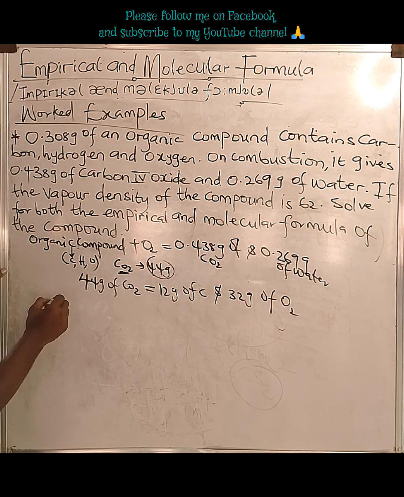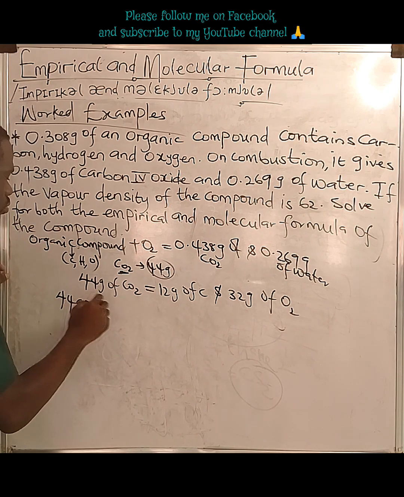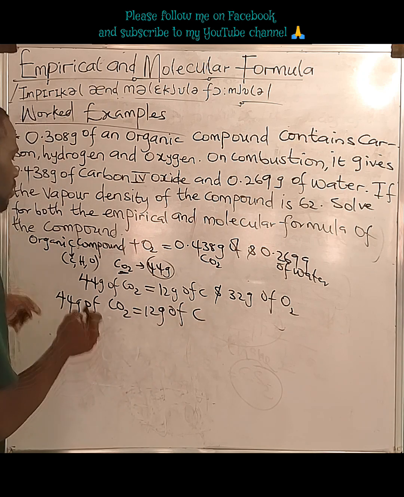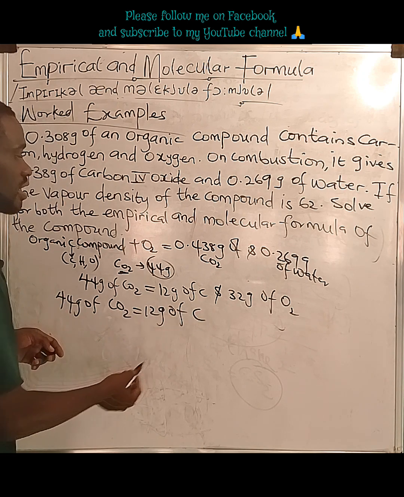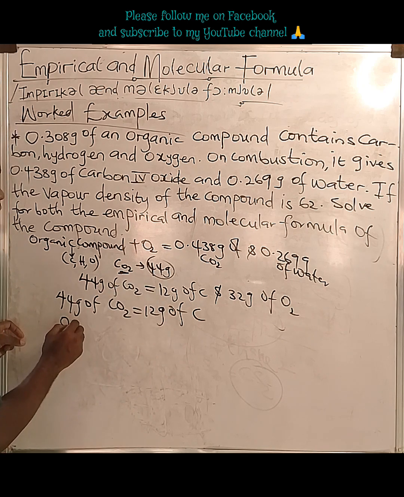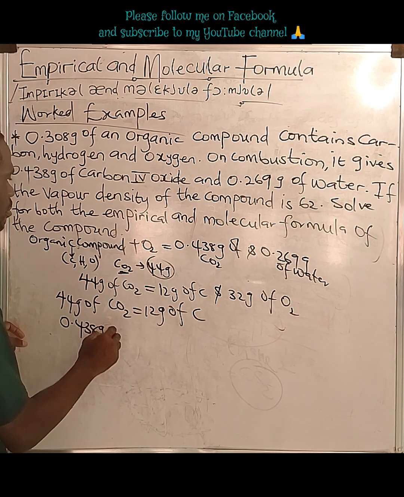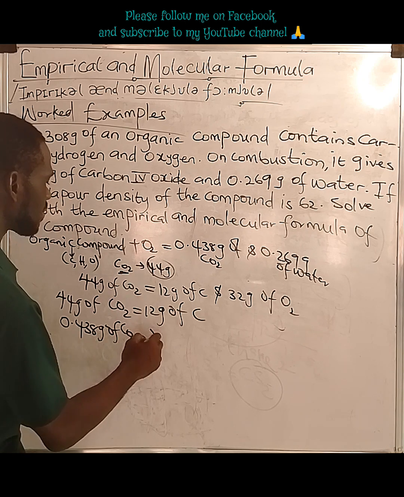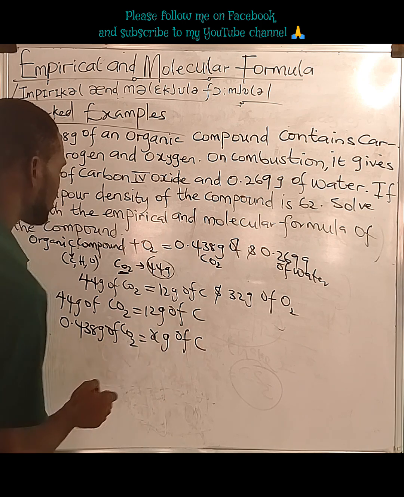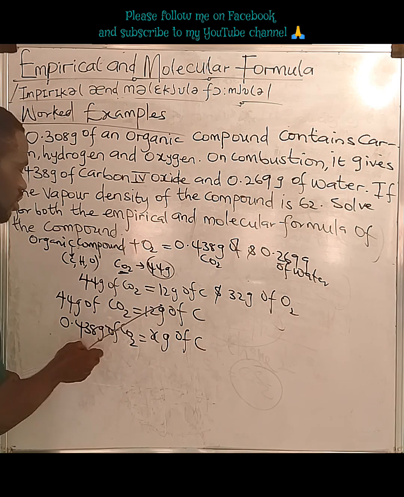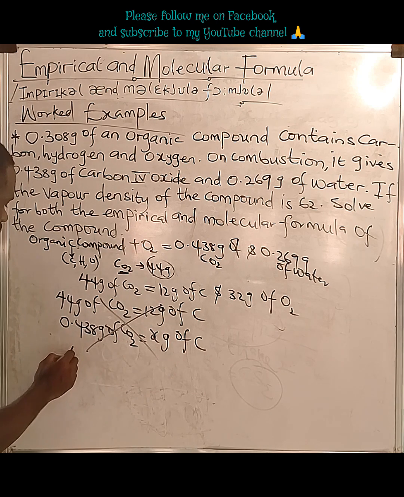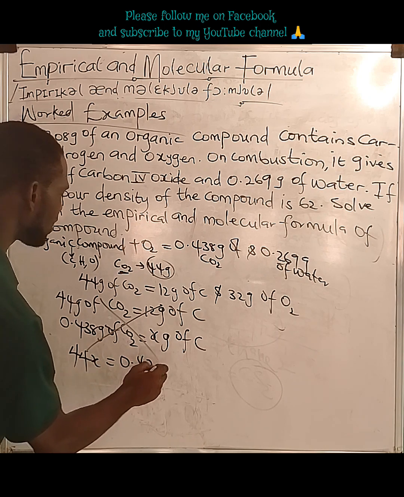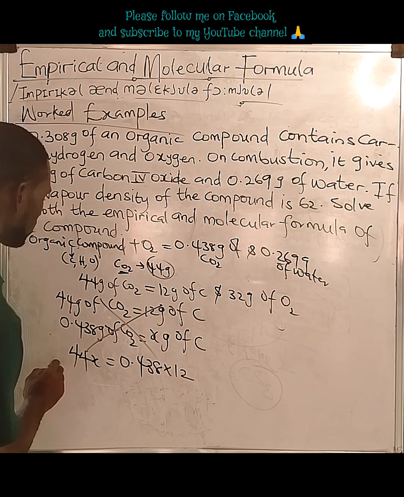So now let's do the math. 44 gram of CO2 equals 12 gram of carbon. So if 44 gram of CO2 gives us 12 gram of carbon, it means 0.438 gram of CO2 will have how much mass of carbon? Let's say x gram of carbon. You're going to cross multiply. 44 times x gives us 44x equals 0.438 times 12. So divide both sides by 44.